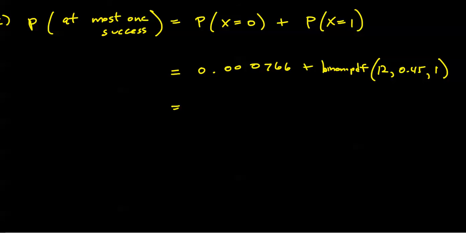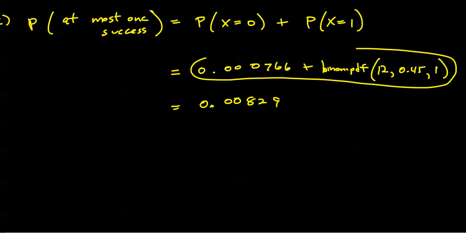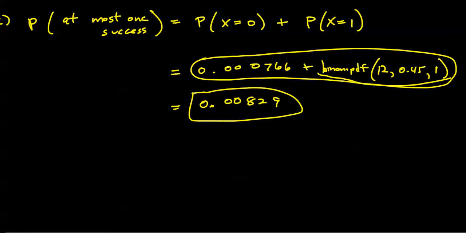Alright, if I punch this out, and you can type in your calculator just like this, you don't need to find this probability intermediately. If you like, and that's what I like to do, punch it all in one line of code, let the calculator do as much work as you can, and I get 0.00829.